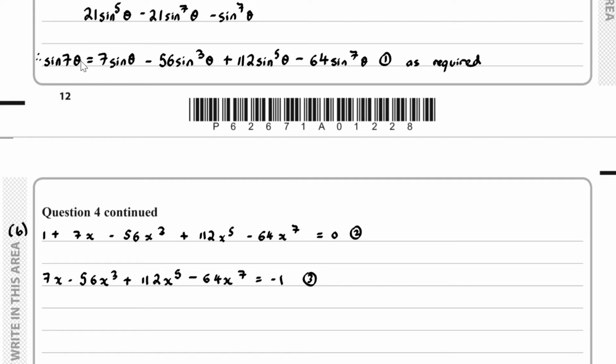Then hopefully if we compare what we have with equation 1 with equation 3, you can see sine 7 theta is equivalent to minus 1, and all the other terms match up with what we have over here in terms of the coefficients.